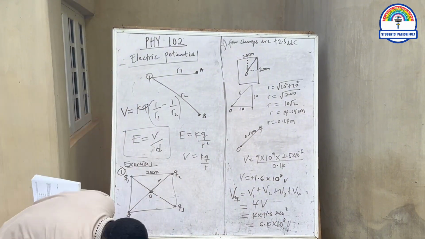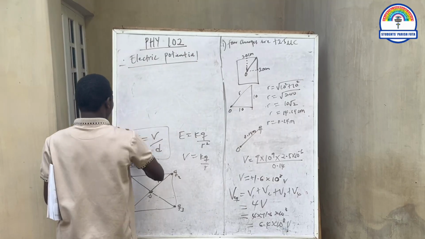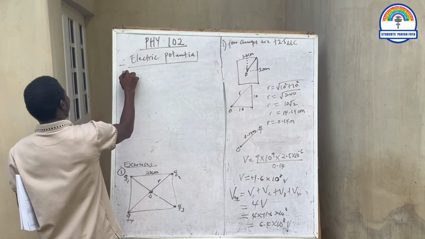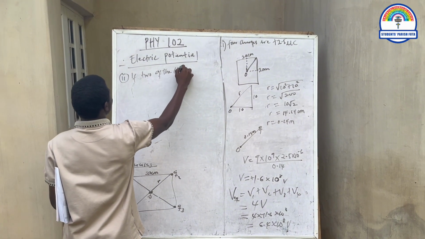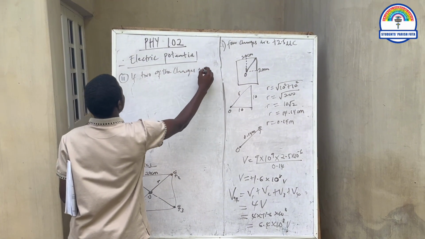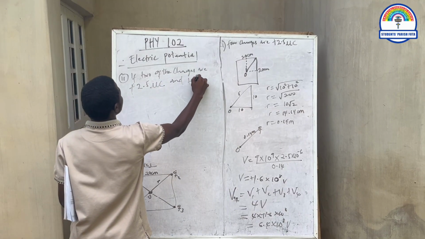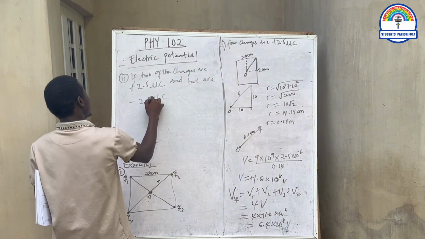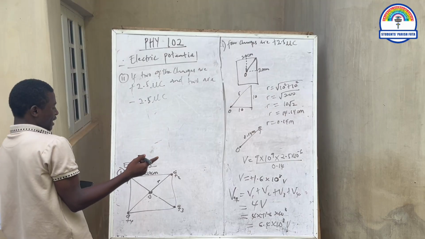So the second question says, if two of these charges are positive 2.5 microcoulomb and two are negative 2.5 microcoulomb, so we don't need to go back and forth again.